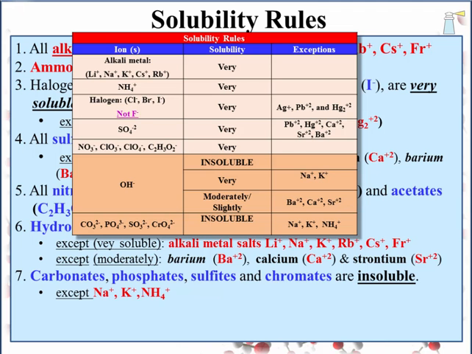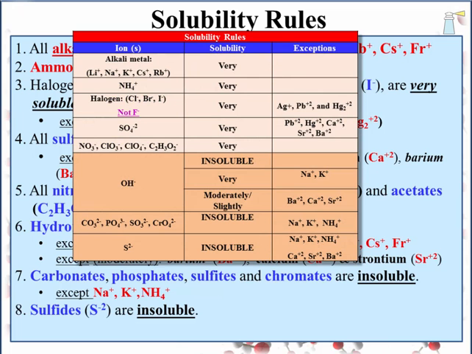Top rules override bottom rules. Finally, sulfides, S-2, are insoluble. Sulfides are small and have a moderate charge. This doesn't bode well with the solubility trends covered earlier. And like the rules covering hydroxides, sulfide salts with alkali metal cations and some of the alkaline earth metal cations are going to be moderately or very soluble.